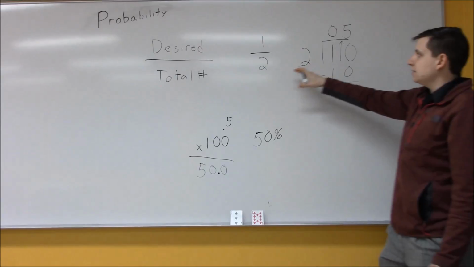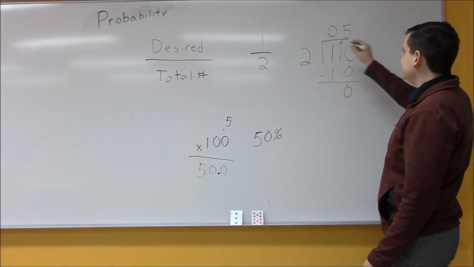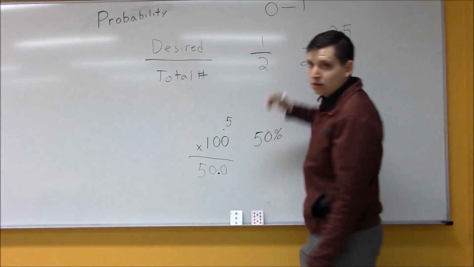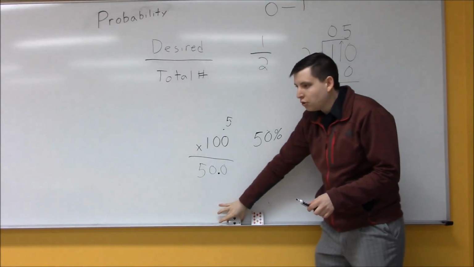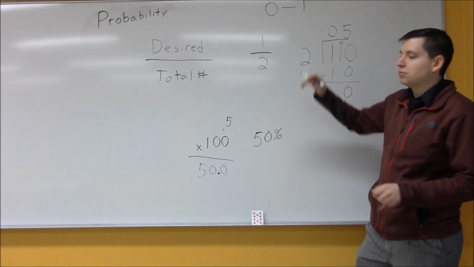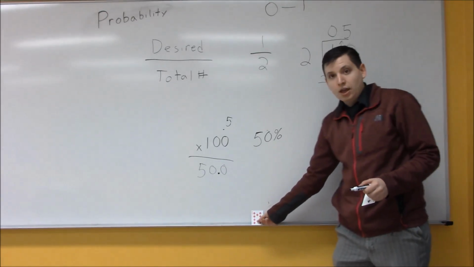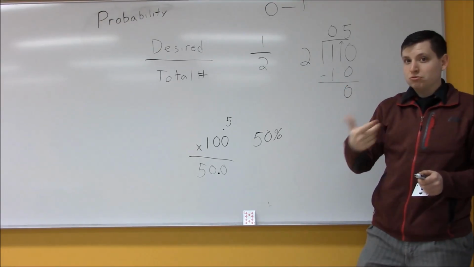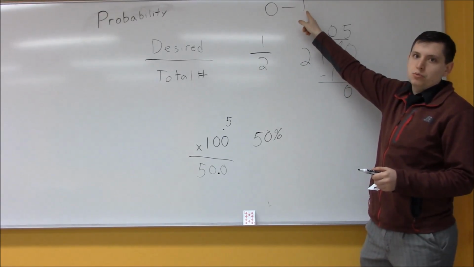When it's represented as a fraction or a decimal, it needs to be between 0 and 1. If the probability of something occurring is 0, like if I take away the black card and replace it with a red card, the probability of choosing a black card would be 0%, because there is no black. If all I have are red cards, and then I look at the probability of choosing a red card, right now it would be 1 out of 1, which would be equal to 1.